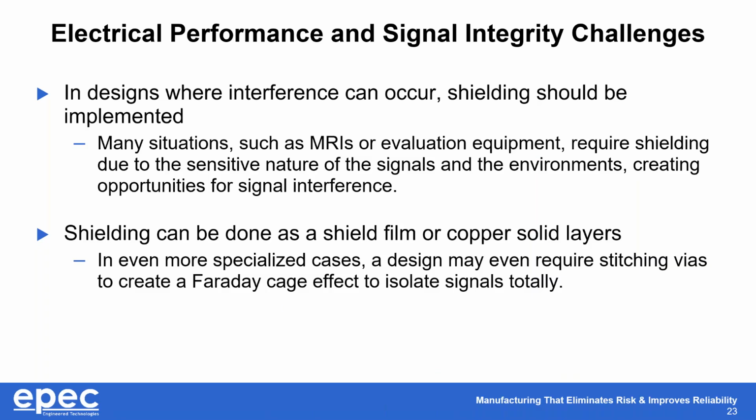Or even in more specialized cases, you might require stitching vias, which I had shown earlier, where you're trying to isolate signals entirely. You'll do so by creating those stitching vias, a picket fence, so to speak, caging the entire design such that there's a Faraday cage effect and all signals are trapped within the board and kept from creeping into the board as well.